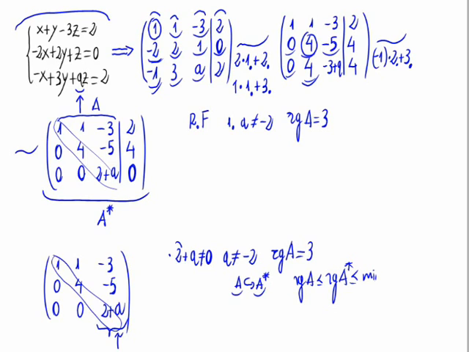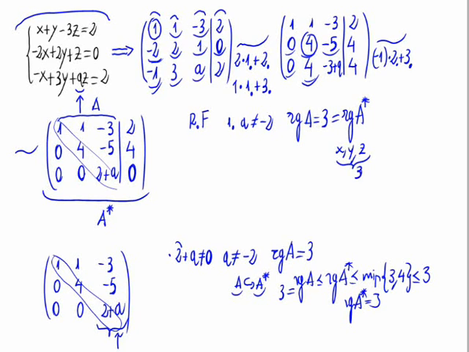So the rank of A would always be smaller or equal than the rank of the matrix A star, and the minimum rank of A star would be 3, and that is because it has 3 rows. So, as the ranks are the same, let's write it up here.